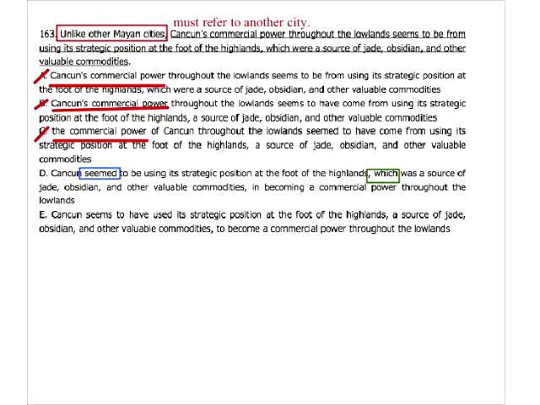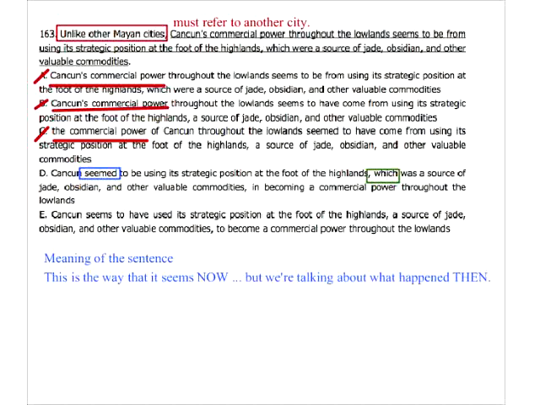Seemed is not realistic. What the meaning of the sentence is, this is the way that it seems now. But we're talking about what happened then. So what you need is verb tenses or modifier forms that correctly indicate this change of time frame.